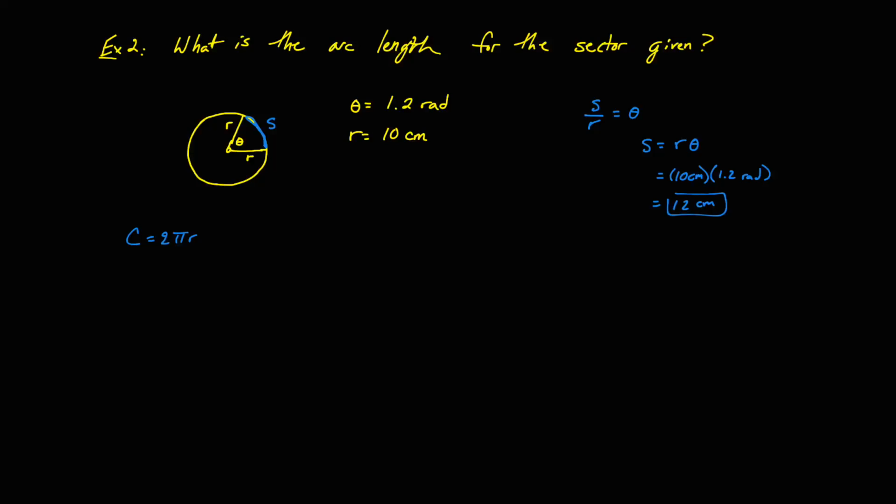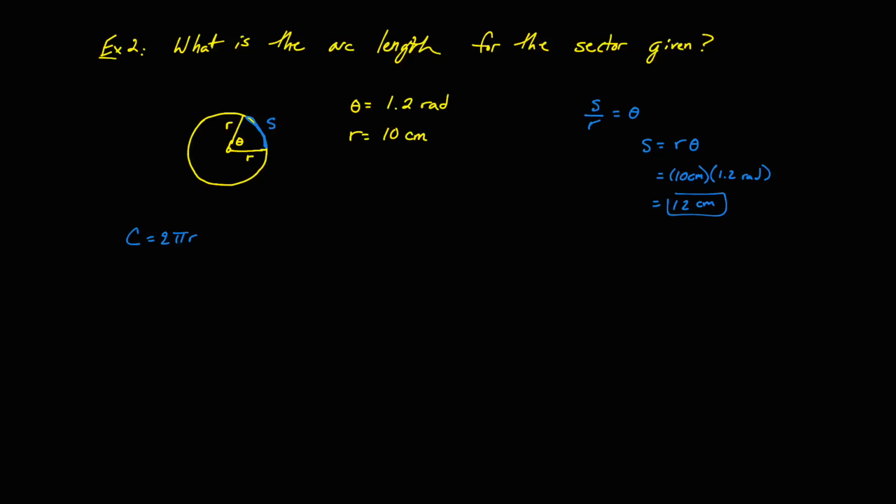But here's another way to look at it. If I knew what the circumference for the whole circle was, my whole perimeter, the sector, in comparison to the rest of it, is just a fraction of it.